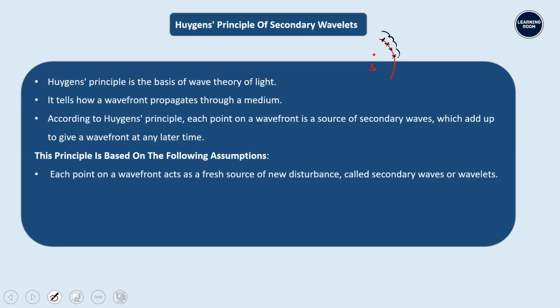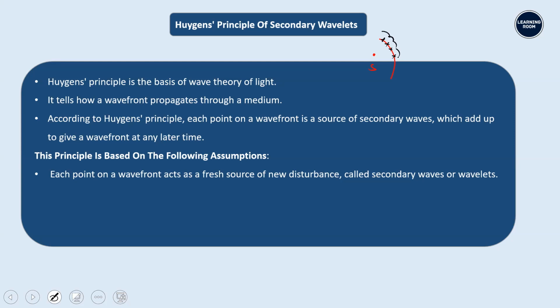But these points on the wavefront are acting as a source for secondary wavelets. So these black color curves that we have drawn here are actually not wavefronts. They are called wavelets. So you need to do something with respect to these wavelets to get the new wavefront. In this context, I am going to use red for wavefront and black for wavelet.